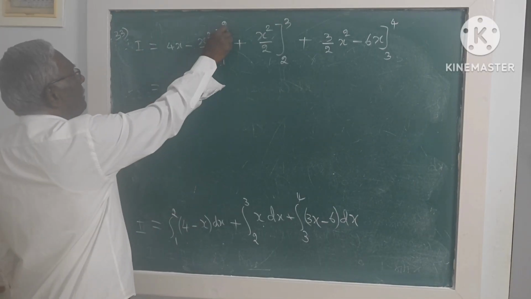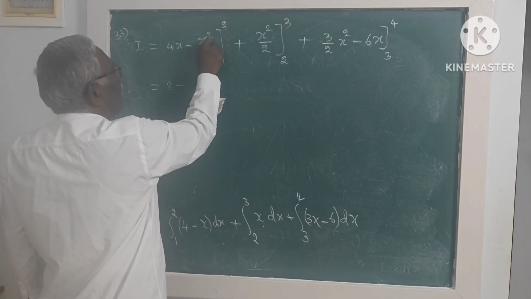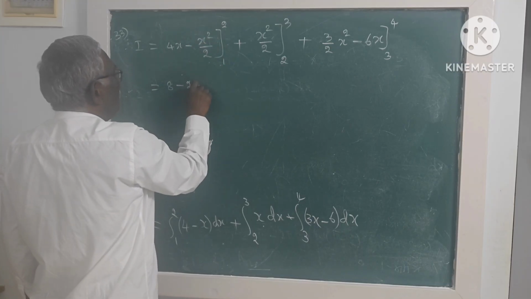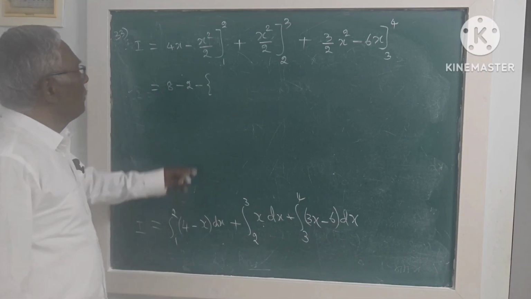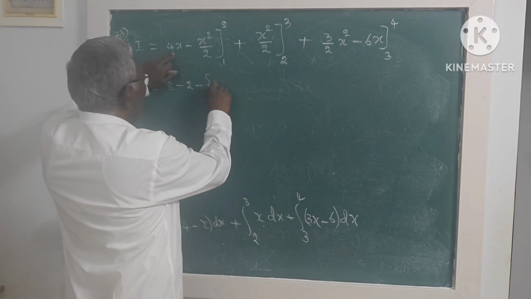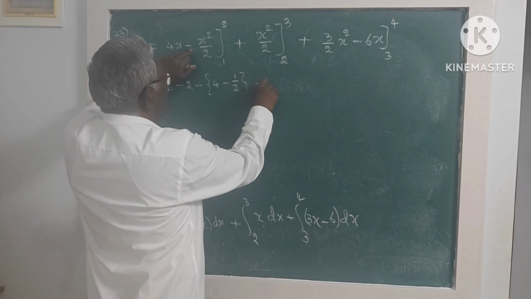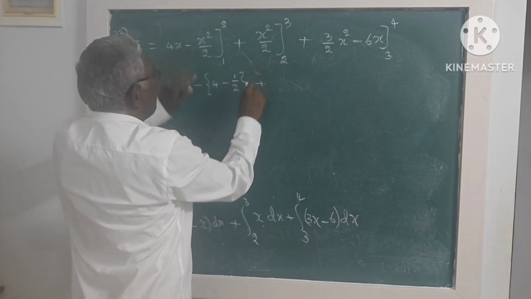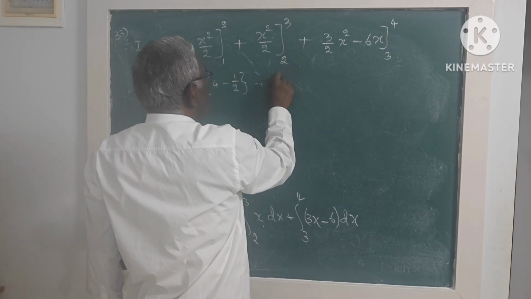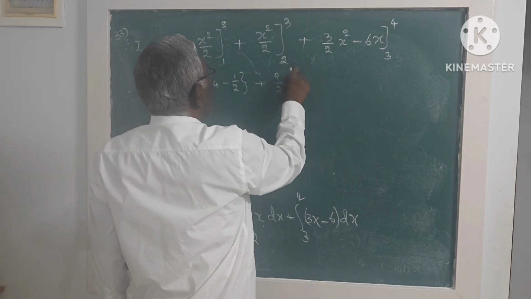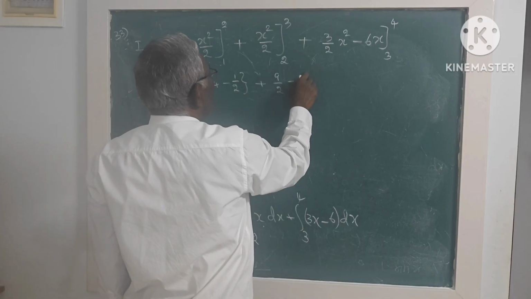Now substitute upper limit. 4 into 2 is 8 minus 2 into 2, 4 by 2, 2, minus of lower limit we have to substitute now. 4 into 1, 4, minus 1 by 2. This plus here, then 3 square 9 by 2 minus 2 square 4 by 2, that is 2.